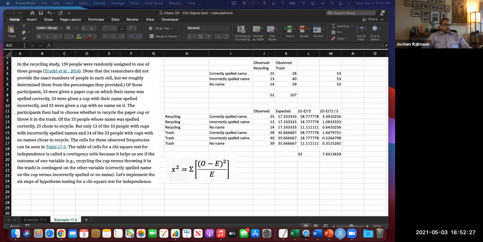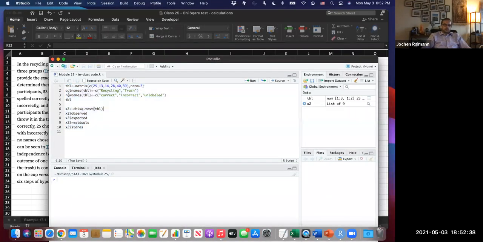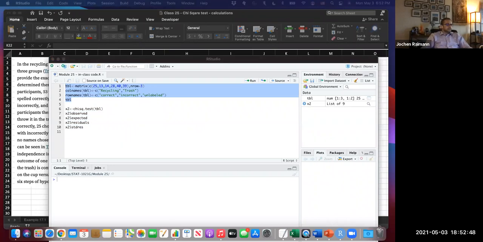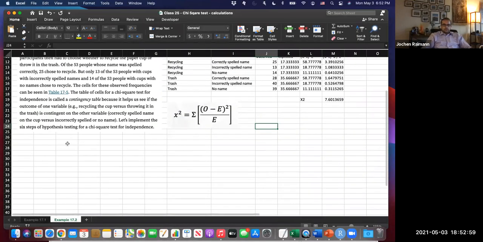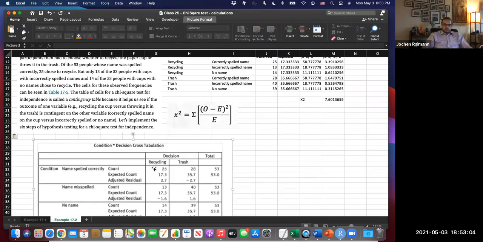So this calculation we're not doing by hand. For this very reason, I have read this whole thing into R, and I have the code posted for you. I just want to quickly show you that, so that you understand what this actually is. And Nolan and Heinzen have, in the Launchpad and also in the book, the adjusted residuals in a software format, which I'm only showing for the sake because they used it.